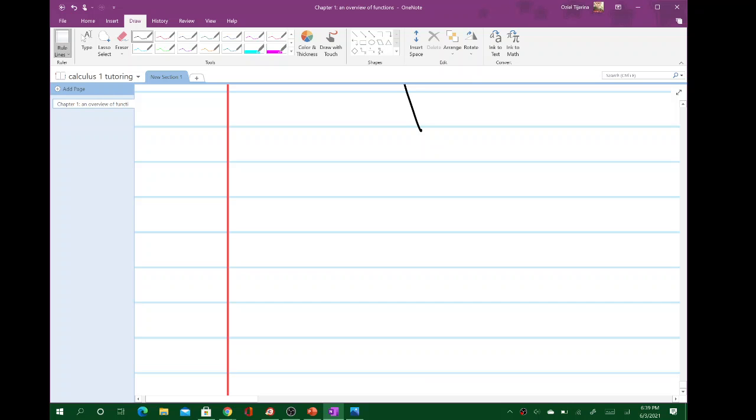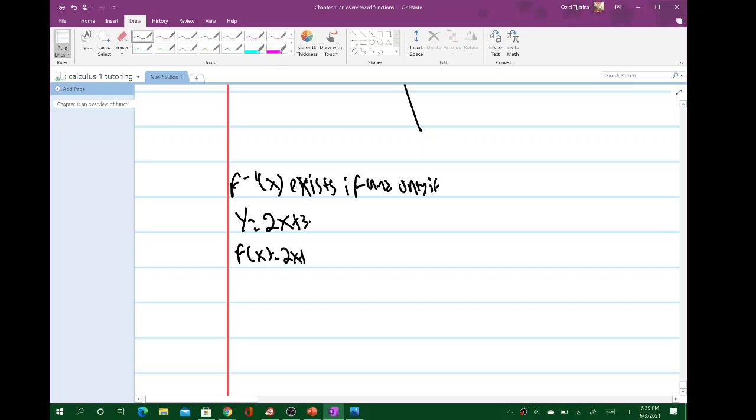And inverse functions, remember inverse functions, basically, f inverse of x exists if and only if, so if we have, for example, y equals 2x plus 3 and f of x equals 2x plus 3, we can say that x equals 2y plus 3.